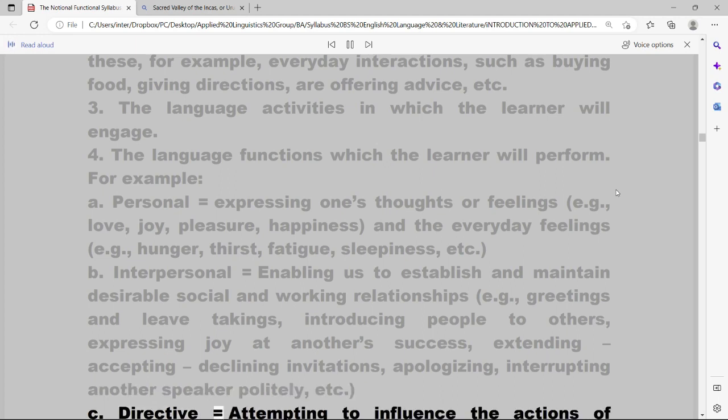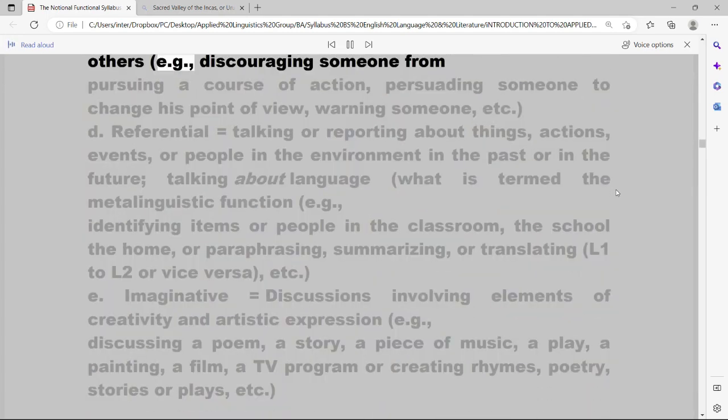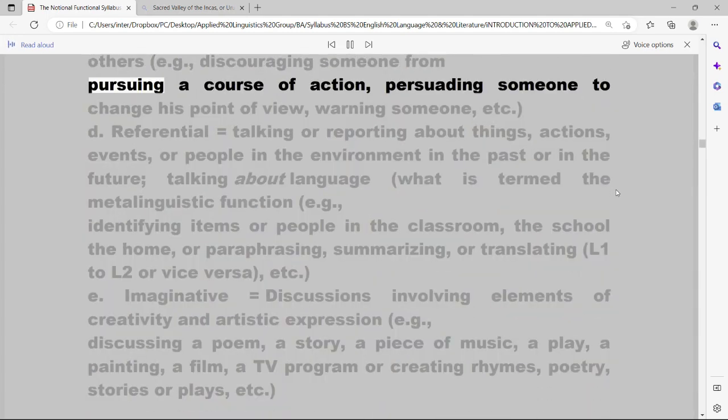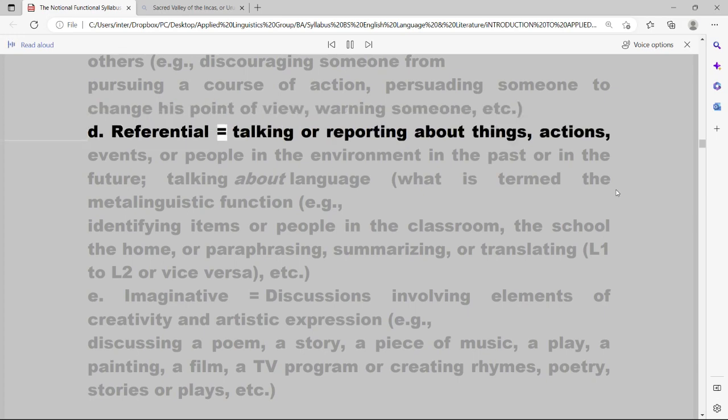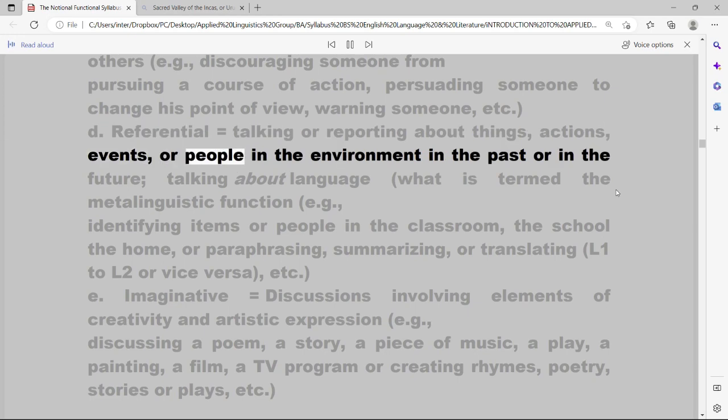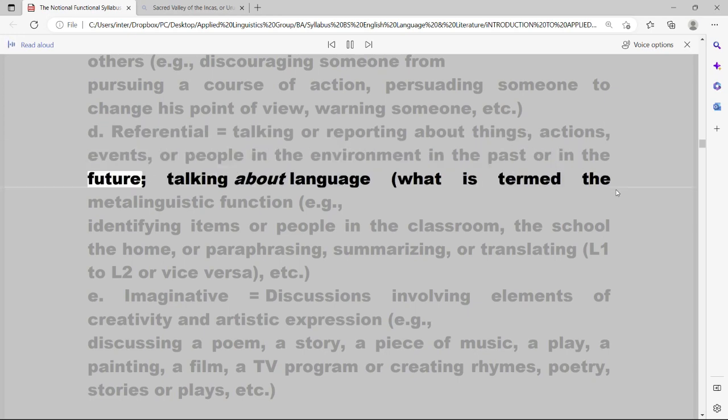C. Directive equals attempting to influence the actions of others. Example, discouraging someone from pursuing a course of action, persuading someone to change his point of view, warning someone, etc. D. Referential equals talking or reporting about things, actions, events, or people in the environment in the past or in the future.